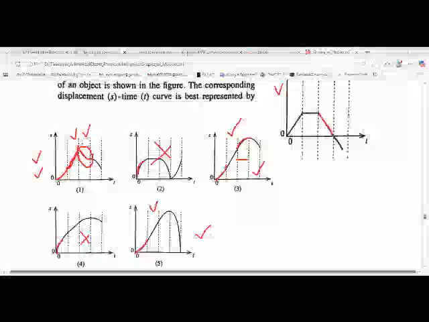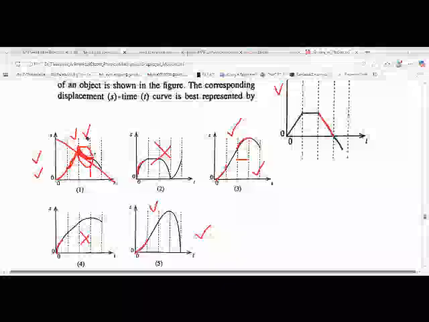Here you can see displacement is decreasing. But this graph does not represent opposite motion. When it is opposite motion, the graph should be downward, below the time axis. Okay, then we can reject this graph because it represents the opposite motion. Because of this, displacement is decreasing.